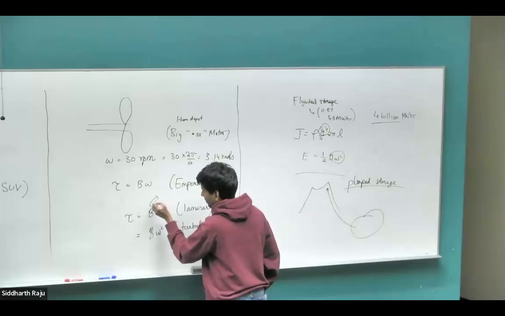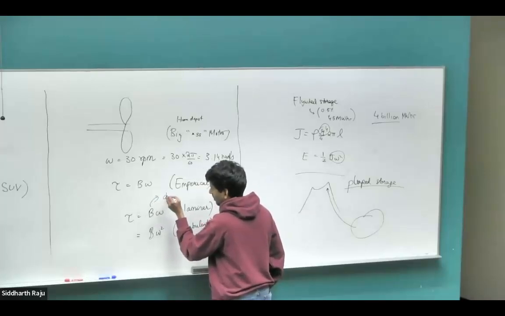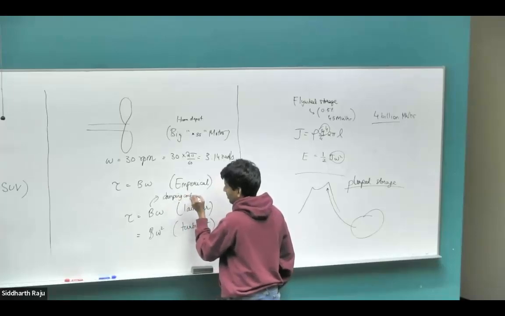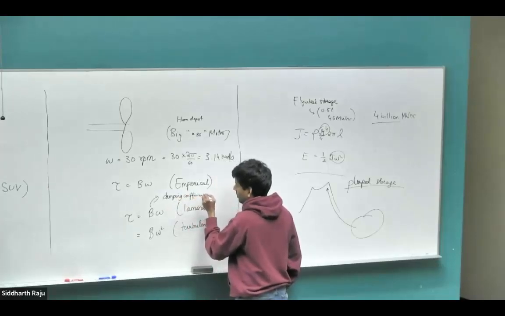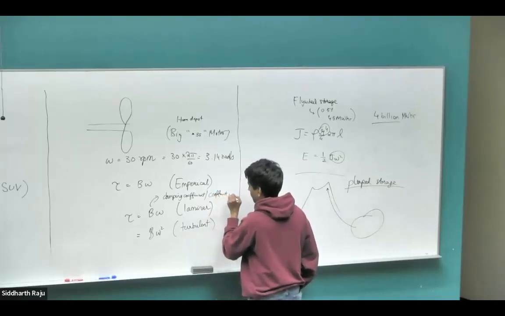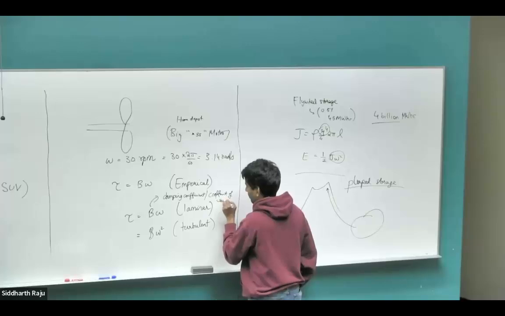And B itself is the damping coefficient, or sometimes referred to as the coefficient of viscous friction.